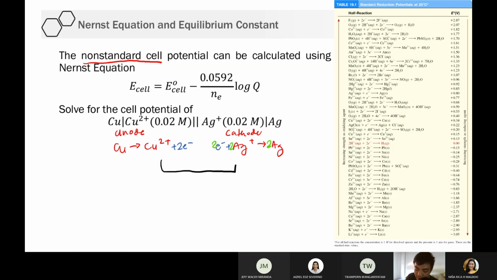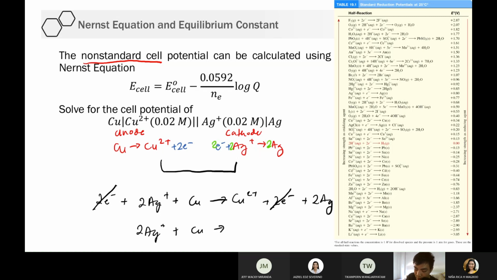If we combine the two reactions, the reactants are 2 electrons, 2 Ag plus, and copper, and the products are copper 2 plus, 2 electrons, and 2 Ag. Since we have electrons on the left and on the right, you can cancel them out. So the reaction can be written as 2 Ag plus plus Cu producing Cu2 plus plus 2 Ag.